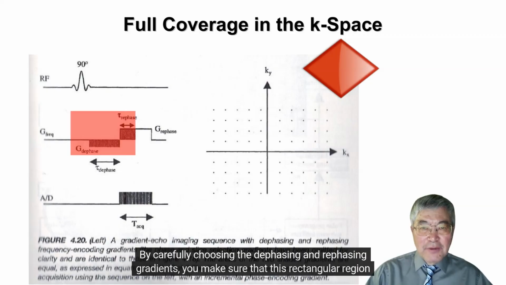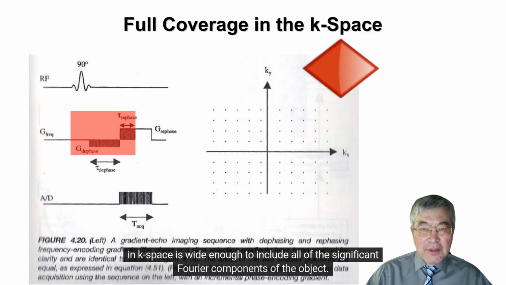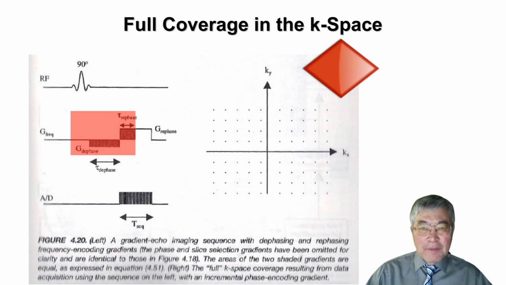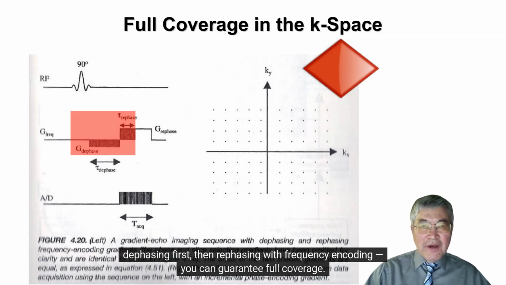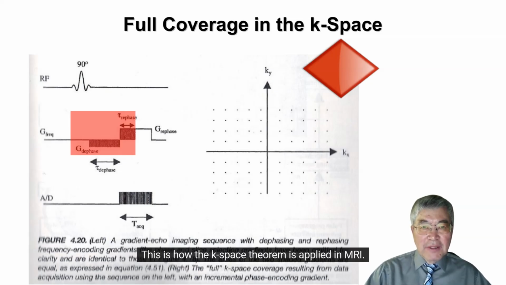By carefully choosing the dephasing and rephasing gradients, you make sure that this rectangular region in K-space is wide enough to include all of the significant Fourier components of the object. So the essential idea here is that MRI imaging works in K-space, and by adjusting the gradient pulses, dephasing first, then rephasing with frequency encoding, you can guarantee full coverage. This is how the K-space theorem is applied in MRI.